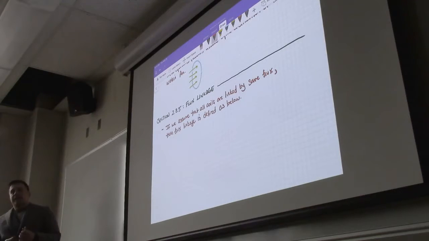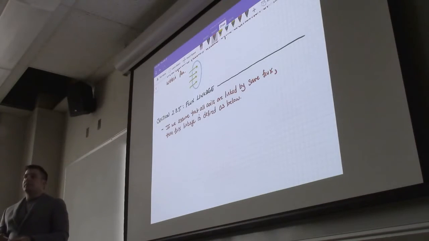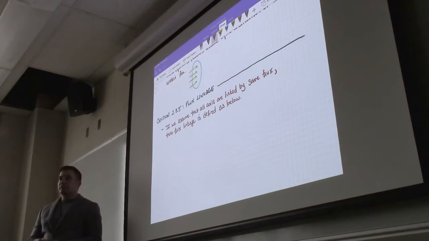So why would there be a case where all of the coils were not linked by the same flux? Yes? You had one coil in between two other coils. Yeah.